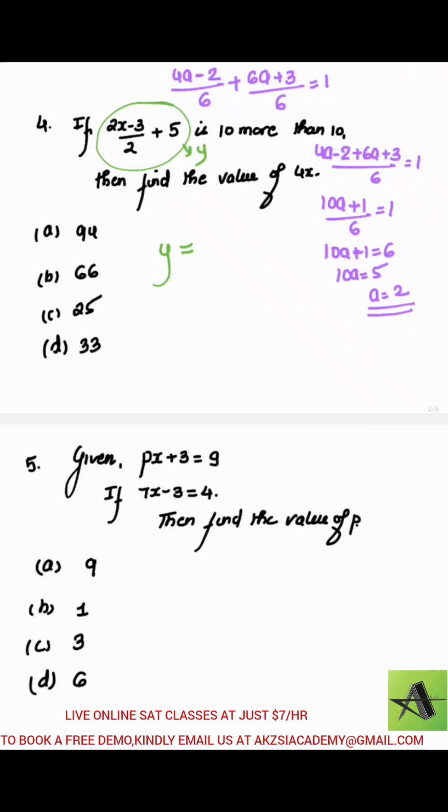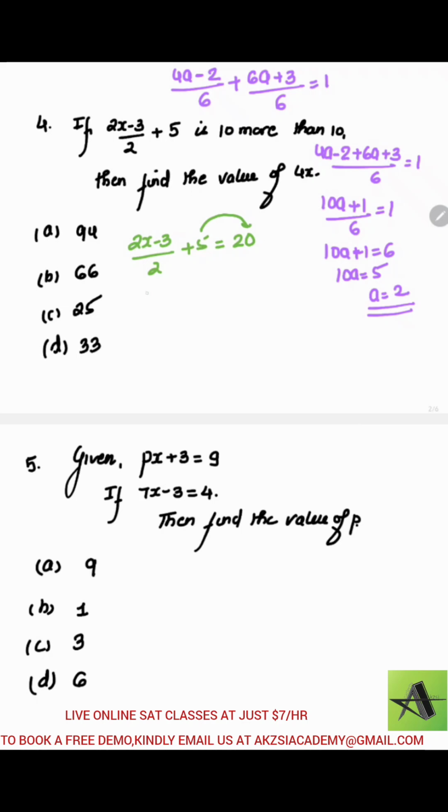So this whole term is equal to 10 more than 10, that is plus 10. So y is equal to 20, or you can say this whole expression is equal to 20. So 2x minus 3 over 2 plus 5 is equal to 20.